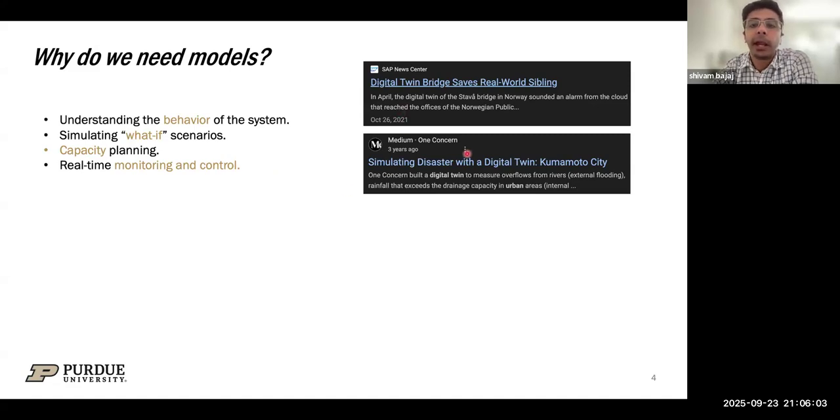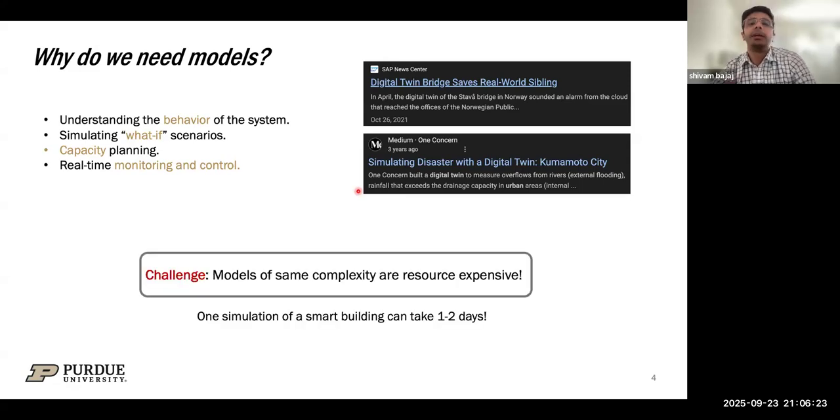For example, in Norway, a digital twin of a bridge was used for monitoring the structural integrity of the bridge. Similarly, in Japan, a digital twin is being used for what-if scenarios to understand or model the behavior of the city under disasters. Okay, but the challenge here is that if we model these systems with the same complexity as the true system, then they are going to be very resource expensive.